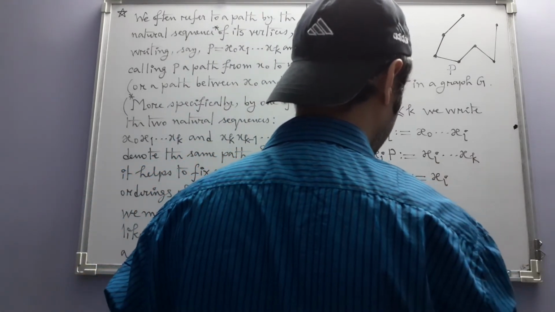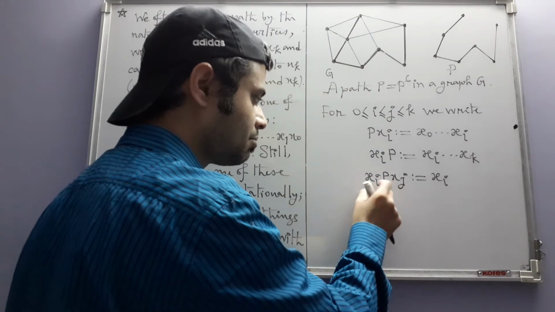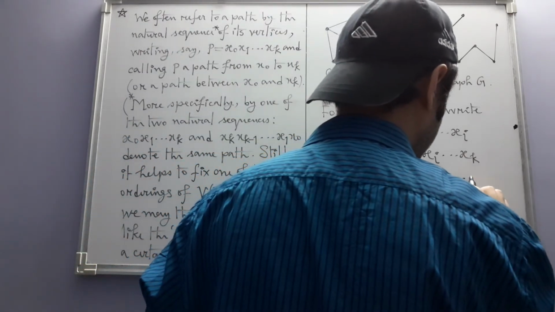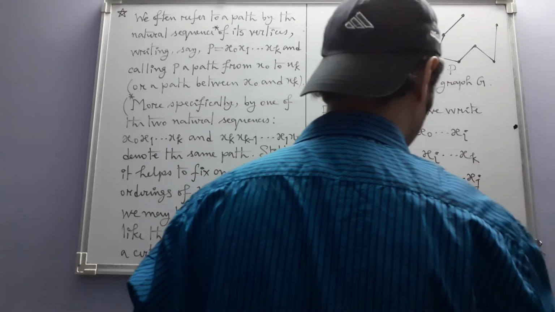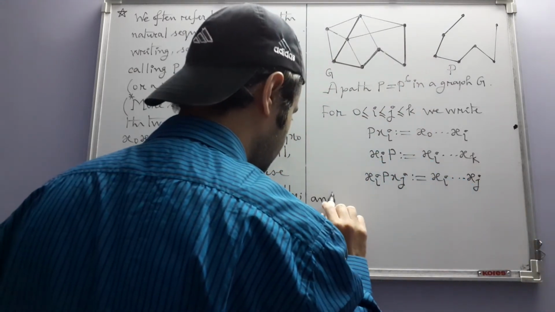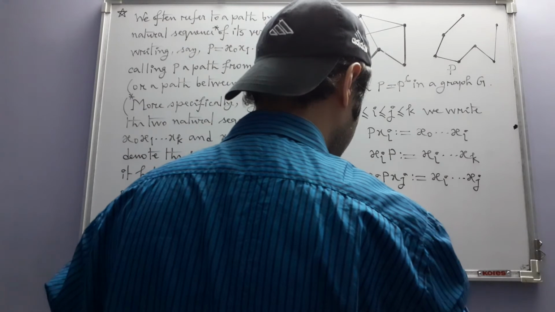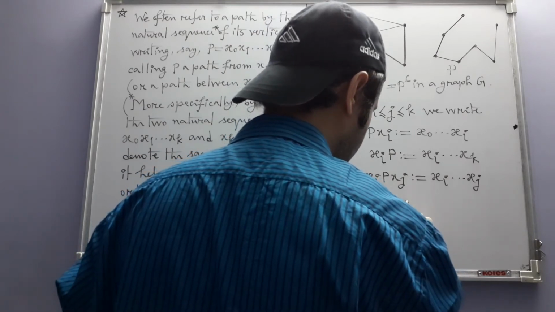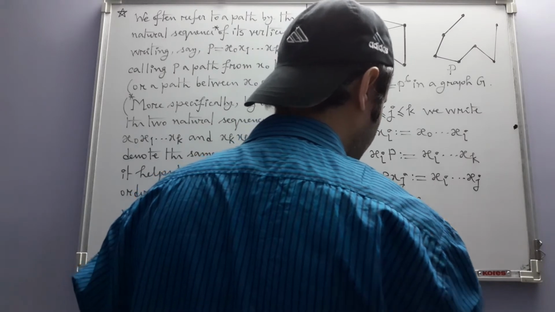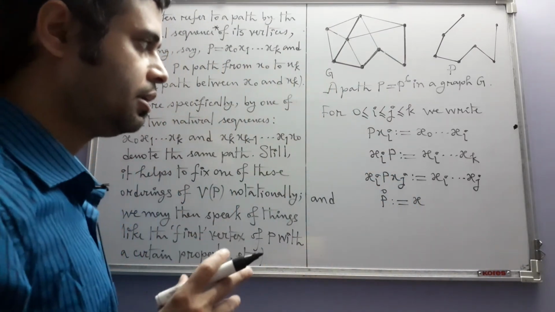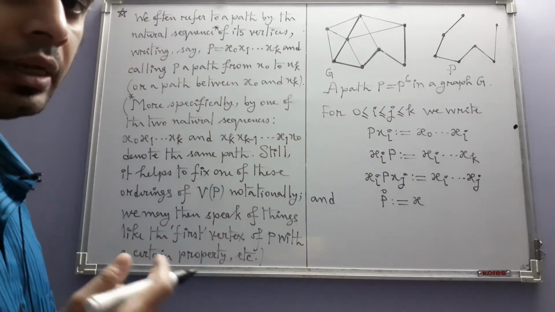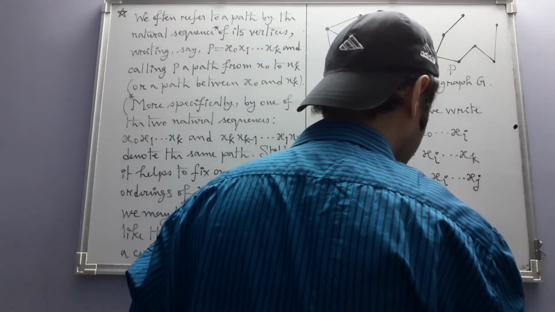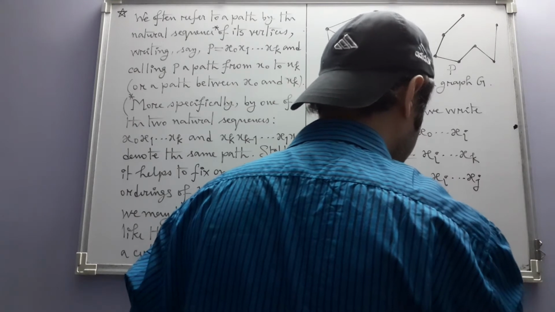It's going to be the part of the path joining xi and xj, and by P with a superscript naught we mean the part of the path obtained by removing the ends from the original path, keeping only the inner vertices.